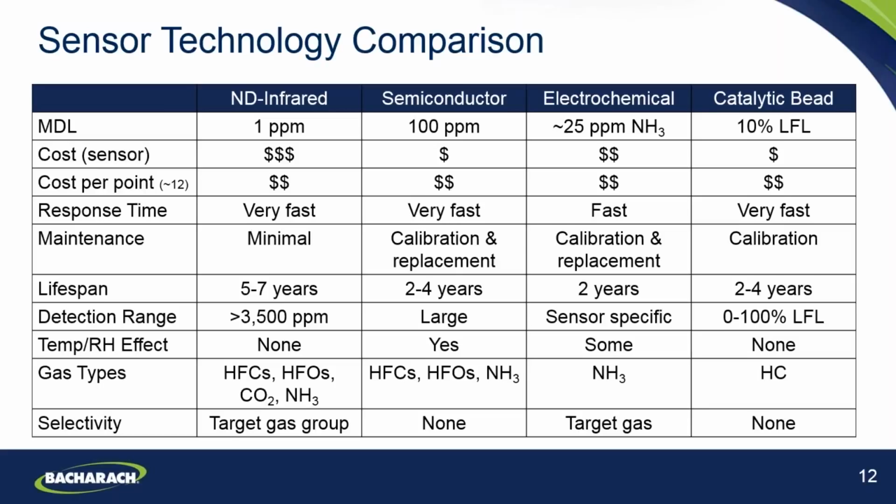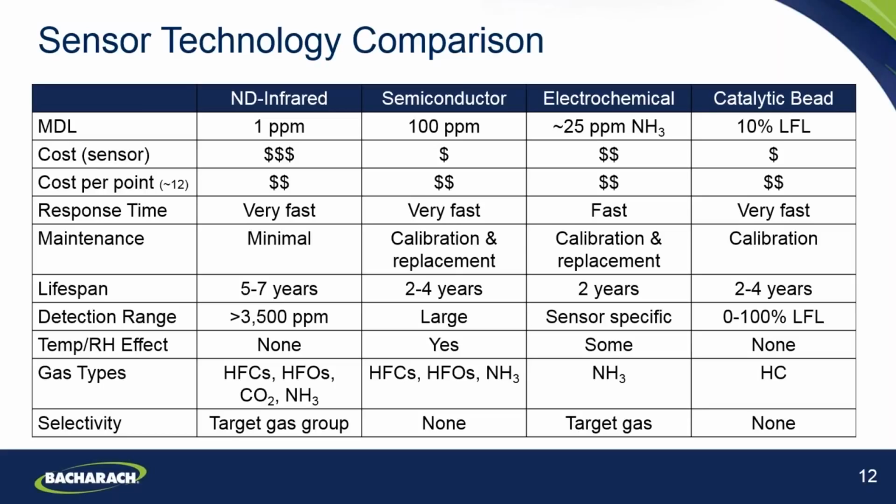The Bacharach HGM MZ or multi-zone will detect as low as 1 part per million for most common halogenated refrigerants. So the technology is available to monitor at those levels and really detect these leaks early and allow them to be fixed, keep the refrigerant in the system, reduce the cost on refrigerant top-ups, and ensure the efficiency of the refrigeration system remains optimal.